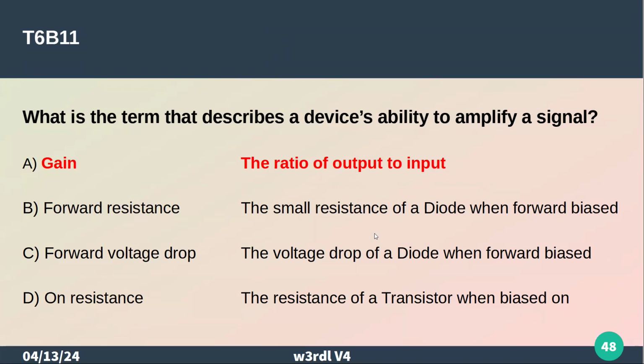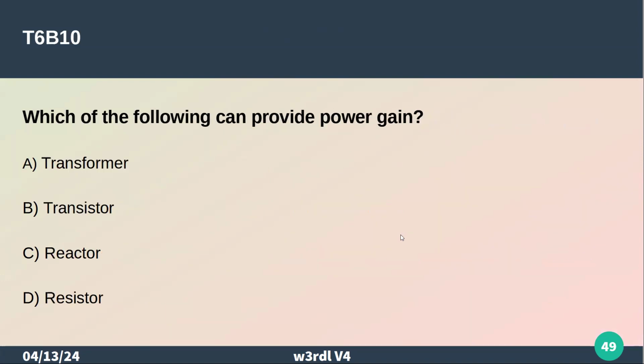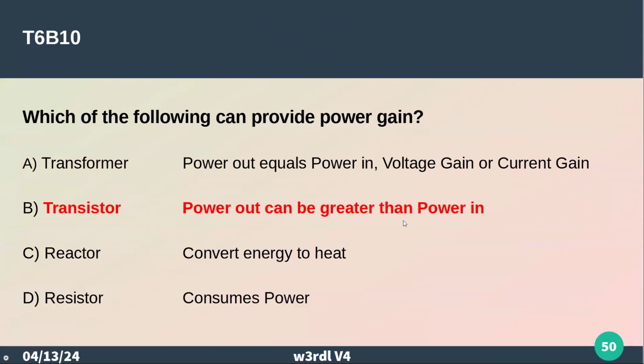The ratio of the output to the input. Which of the following can provide power gain? Bravo. Yeah, actually, you can have power gain, voltage gain, or current gain, depending on the way you configure the device.